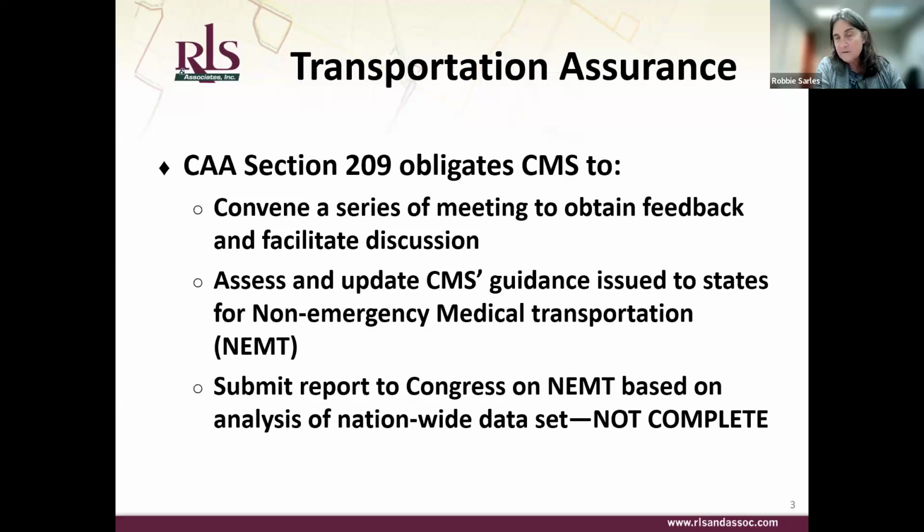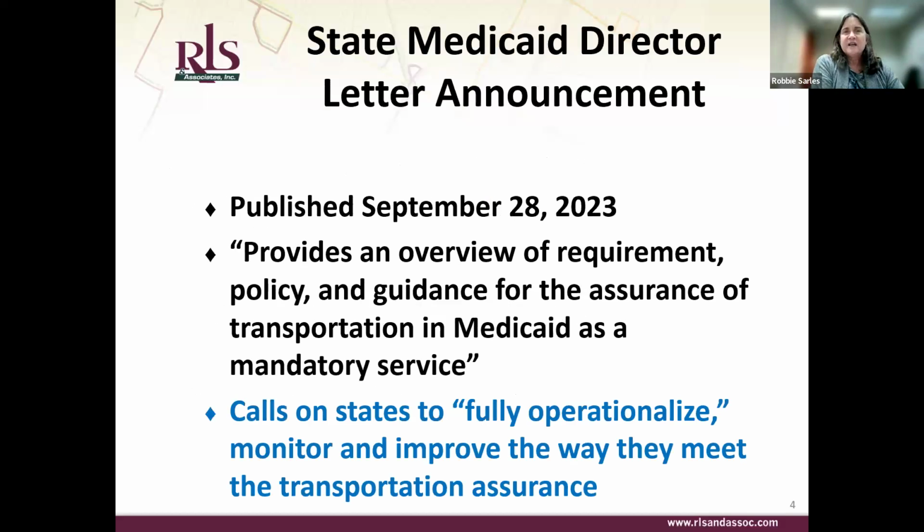This is not complete yet, and part of the reason is because there's no real good source of nationwide data. But we are here to talk about the second bullet on this slide. As I said before, CMS just provides guidance. They provided this guidance to state Medicaid directors in a letter announcement and then attached the guidance to it. That was published on September 28th of 2023.